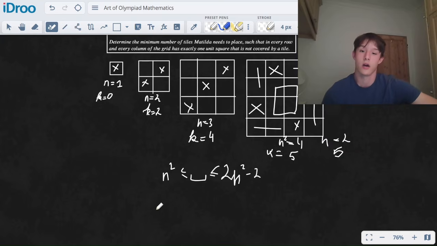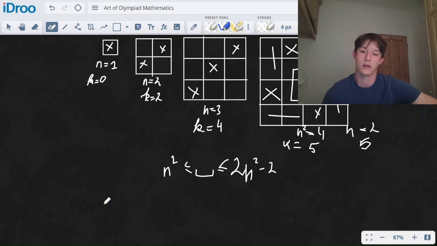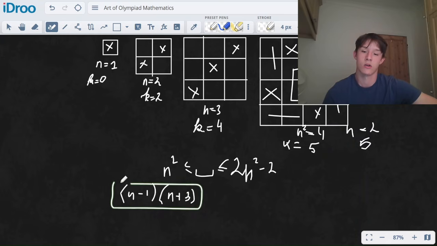And so now after you do that, you can say, okay, n equals 1, k equals 0, so the polynomial of your answer should involve n minus 1. And then we also know that for n equals 2, the answer is 5, so you get this. And this is our answer if it's a quadratic answer.